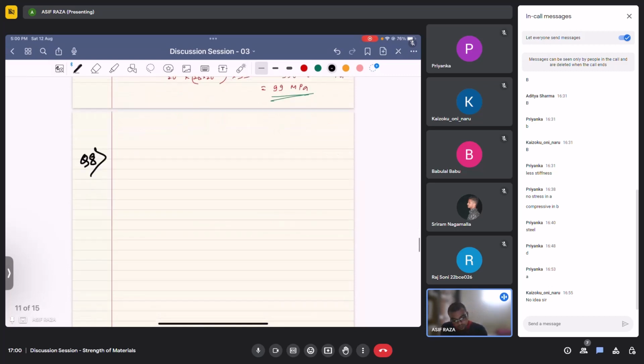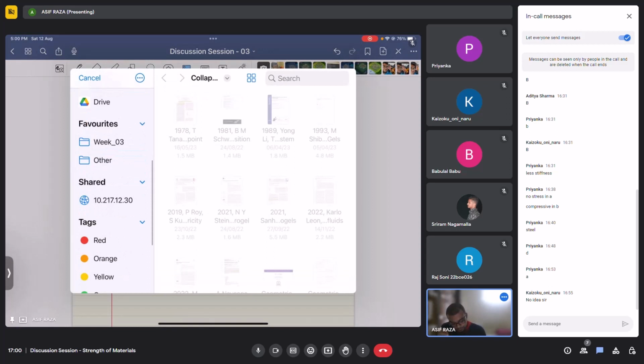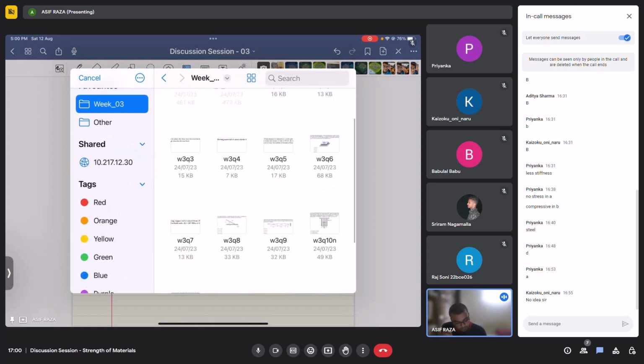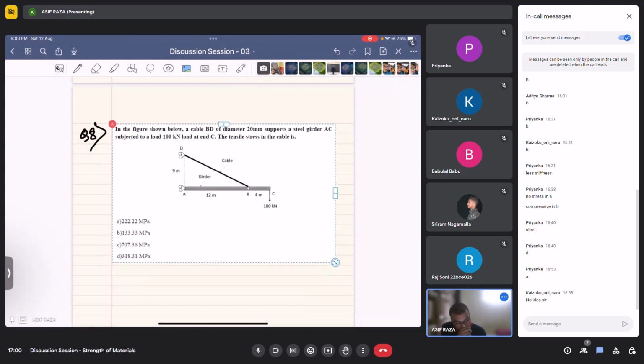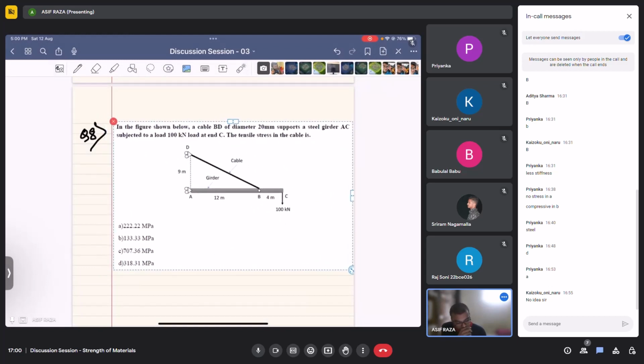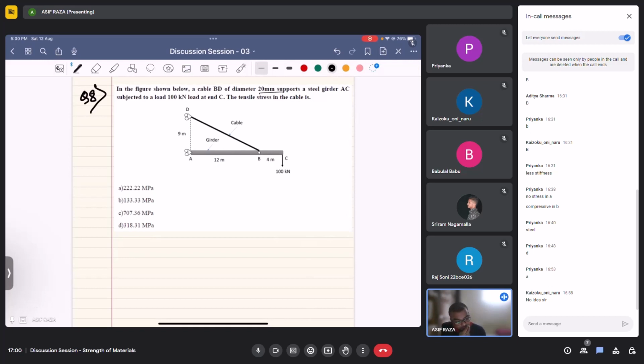Moving on to the next question now. Question number 8. In the figure shown below, a cable BD of diameter 20 mm supports a steel girder AC subjected to a 100 kN load at end C. The tensile stress in the cable is.